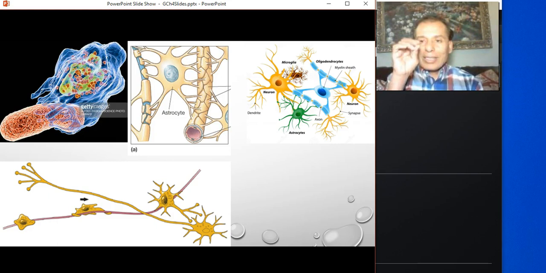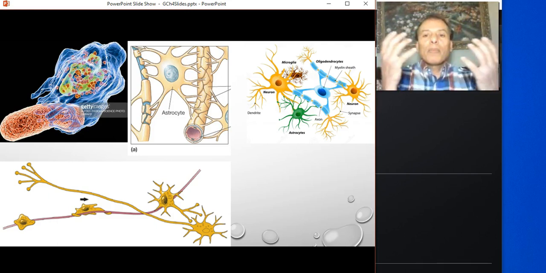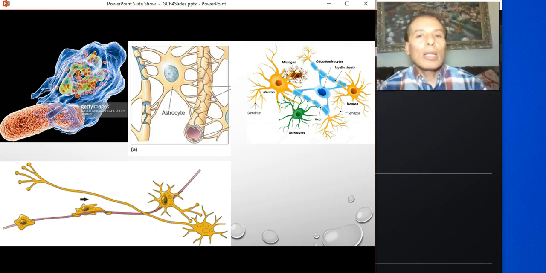They are sticky kinds of cells that clump and make sticky structures around the neurons, and they cushion them and feed them. Without them the neuron cannot function.